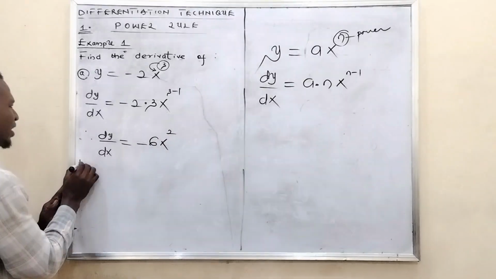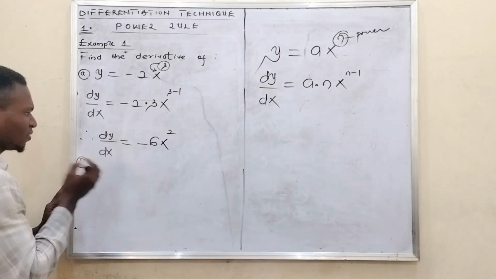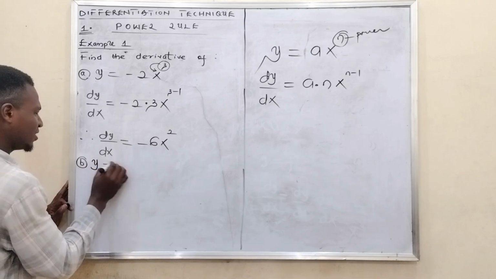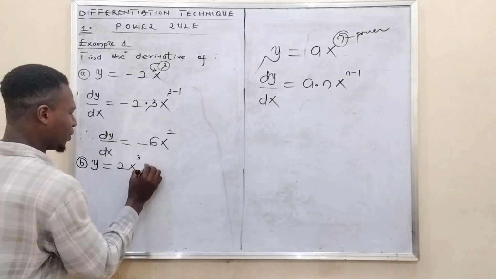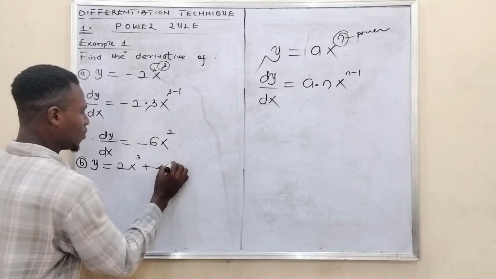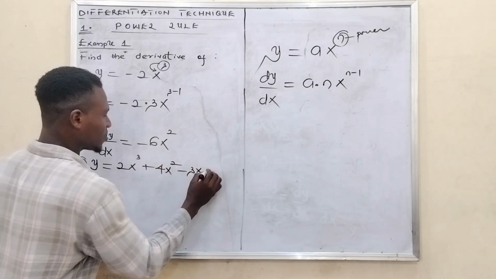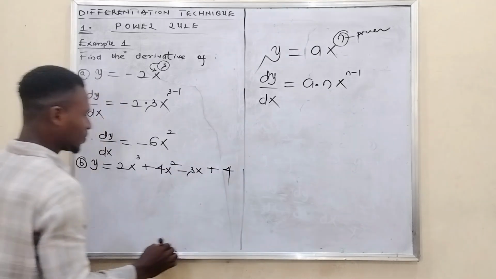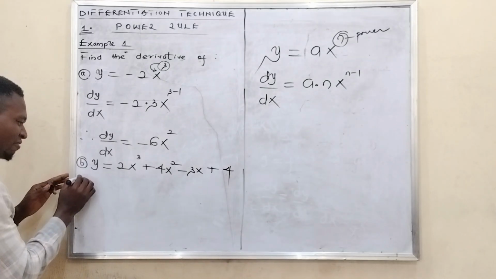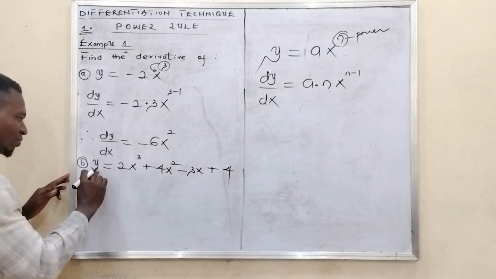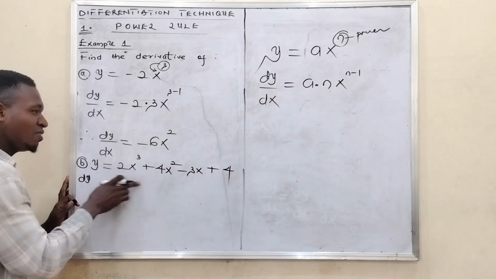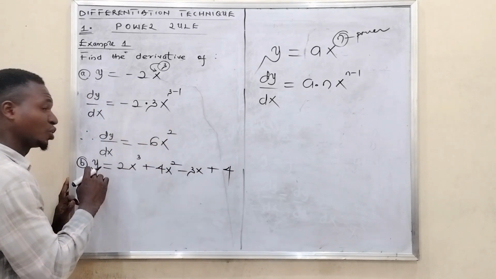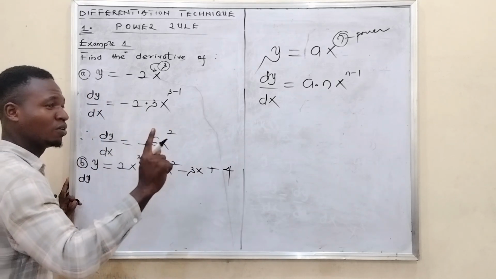Now let's look at another example. Let's say we have y is equal to 2x raised to the power of 3 plus 4x raised to the power of 2 minus 3x plus 4. Now, in this case, differentiating y with respect to the variable here, the only variable here is x, so y is said to be a function of one variable.